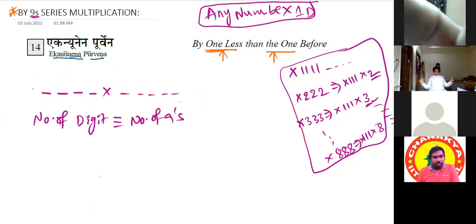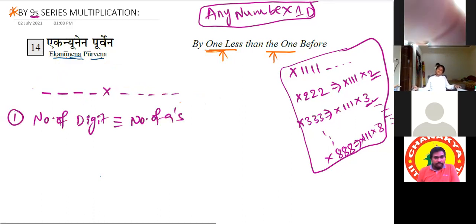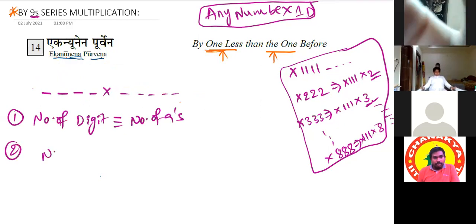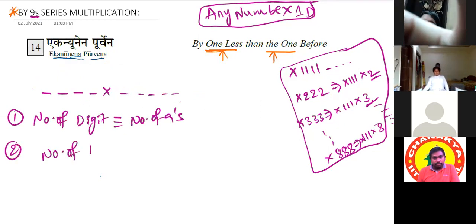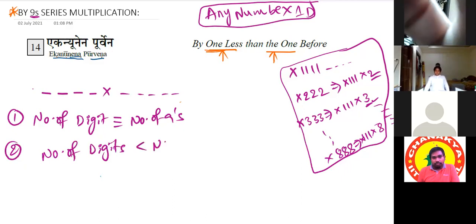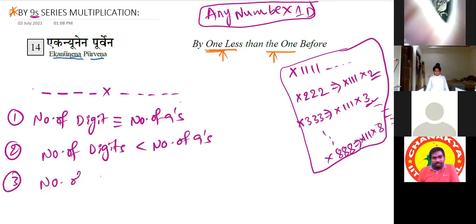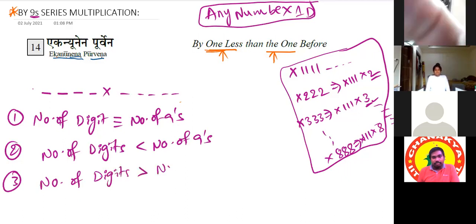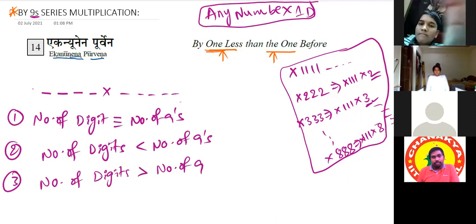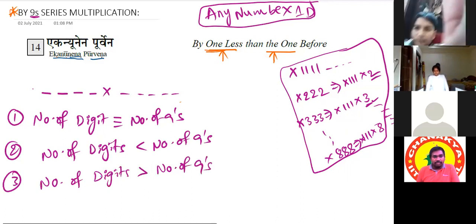And the third case: the number of digits is more than the number of nines.